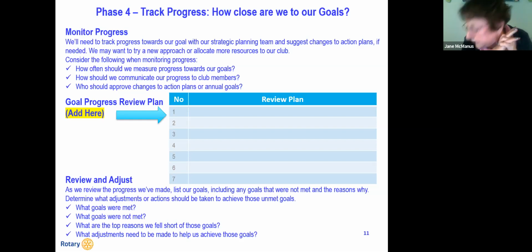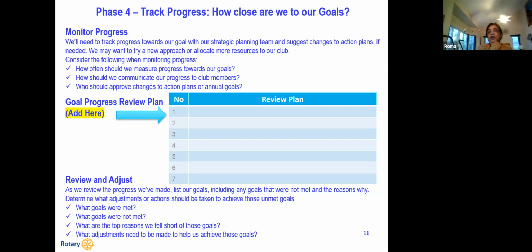What do you think? Yeah, some things need to be reviewed annually just to make sure we are on track, like membership, for example, and like you said, fundraising. So maybe as we're developing the initiatives, we could add that in there and present that.